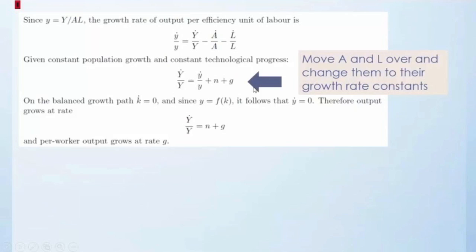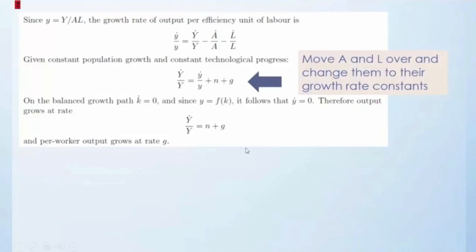How did we get to this function? Remember that on a balanced growth path, since the change in small k is 0, and y equals a function of k, it has to be that since k is not moving or growing, y has to be constant as well. So the growth rate of y is 0.